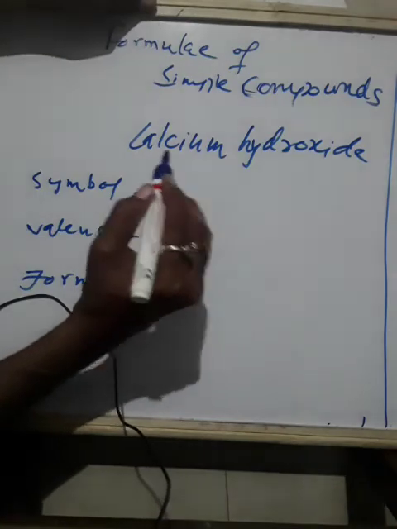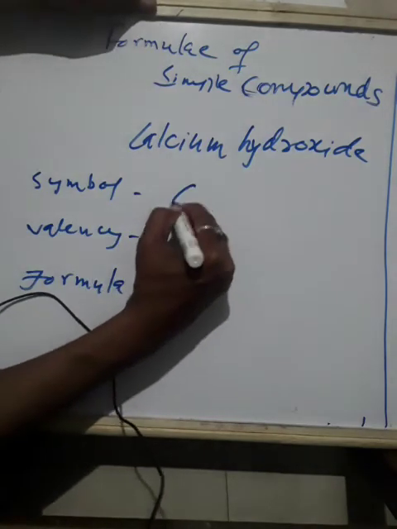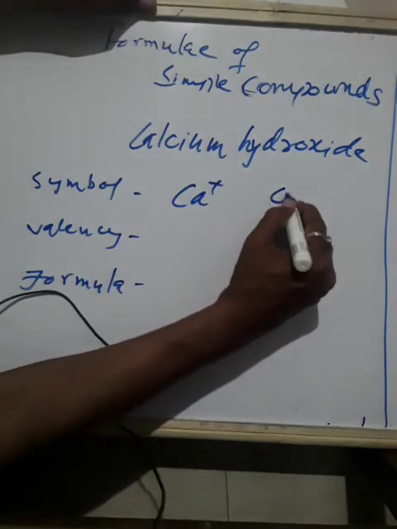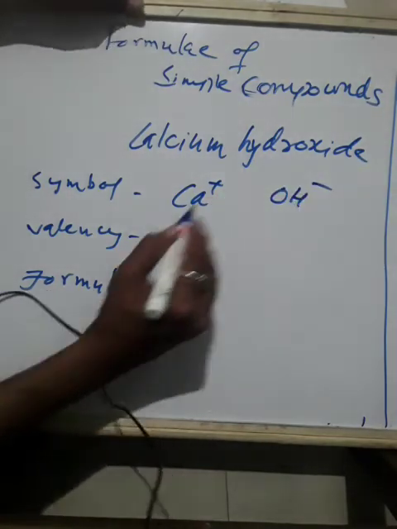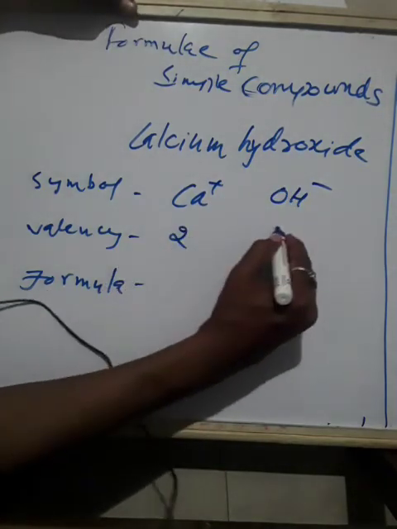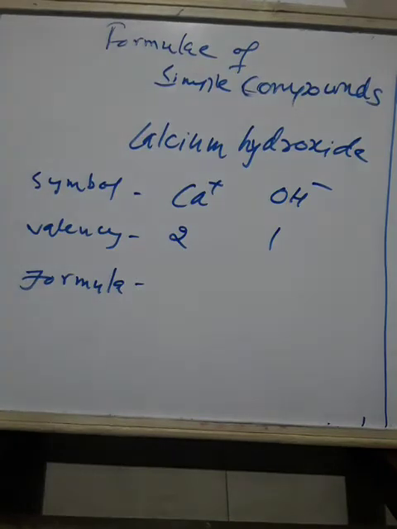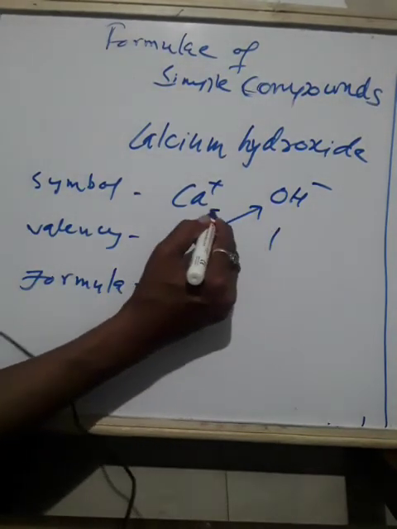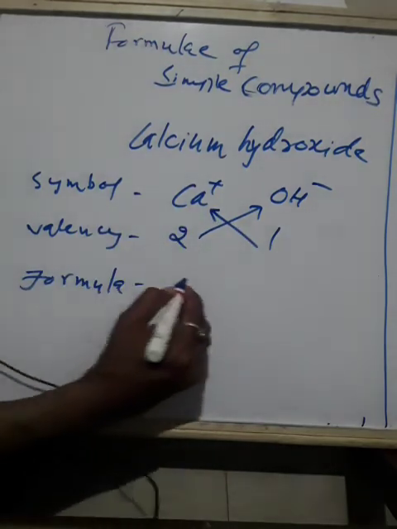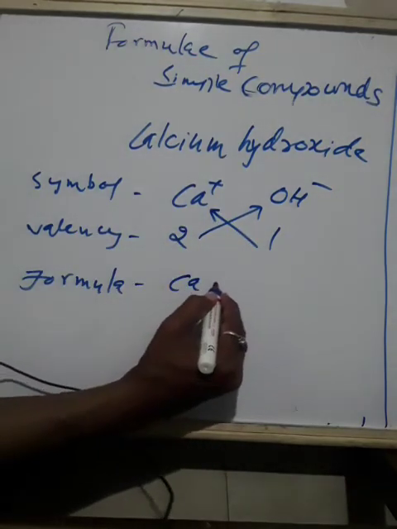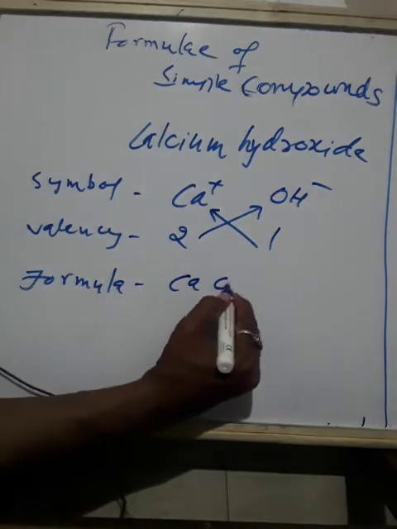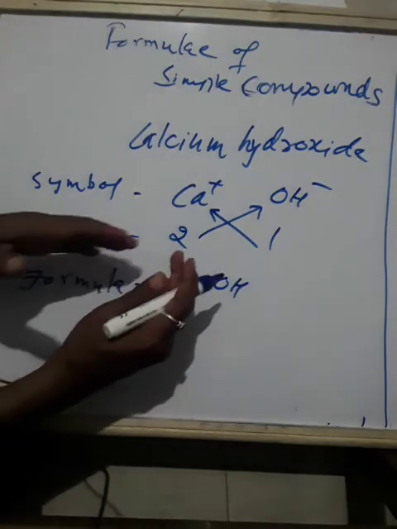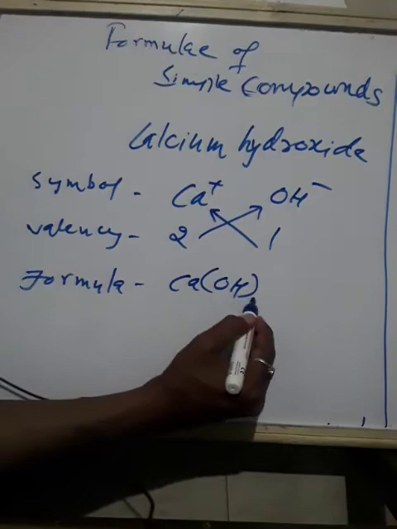Keep in mind. Calcium symbol is Ca and hydroxide is OH minus. Its valency is 2, the other valency is 1. Charge is 1. Then crisscross method. For the formula, Ca, you write OH as it is. So 2 is given to OH, so we write it in a bracket with 2.